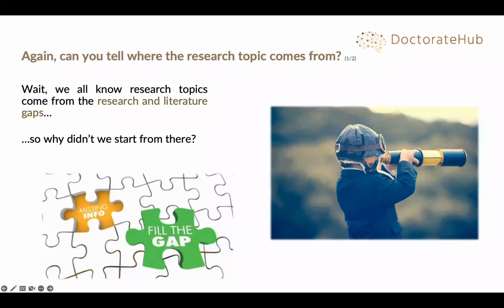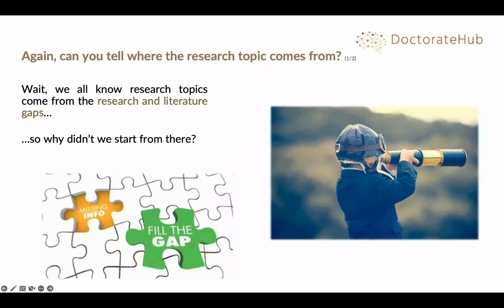So after choice and freedom, we do know that research and literature gaps are where a research problem usually starts from, and this is what a research student is expected to do: look into the literature and find a research or literature gap.